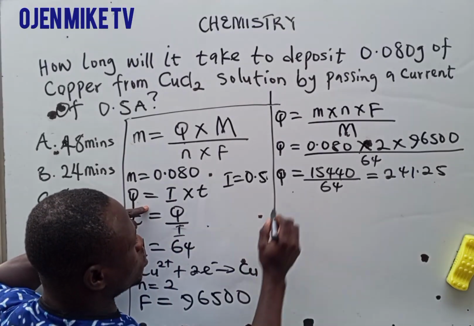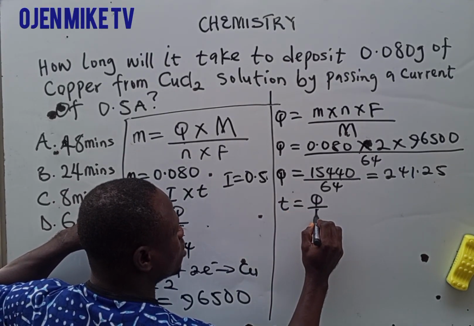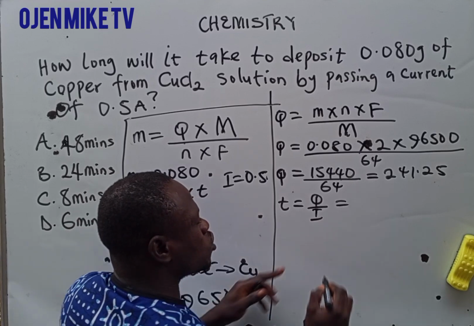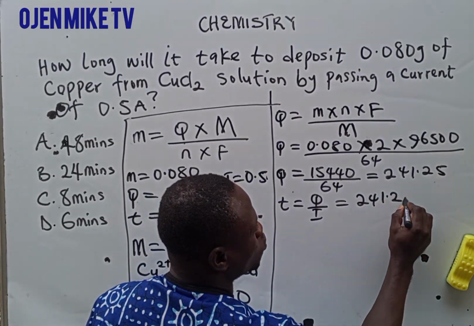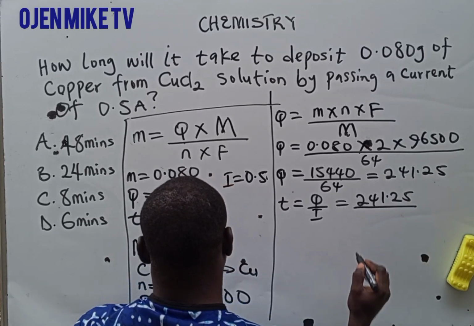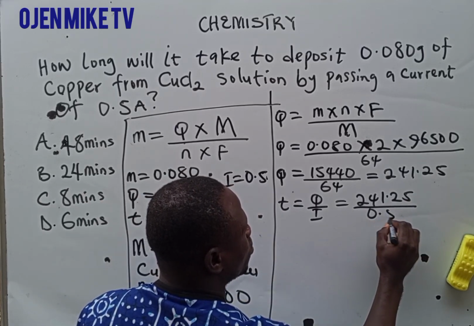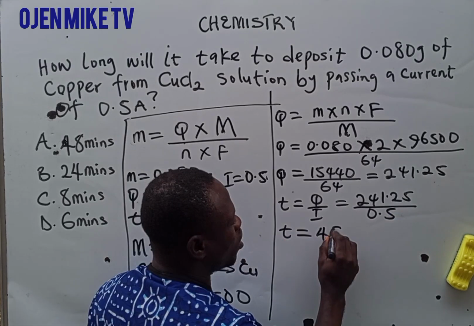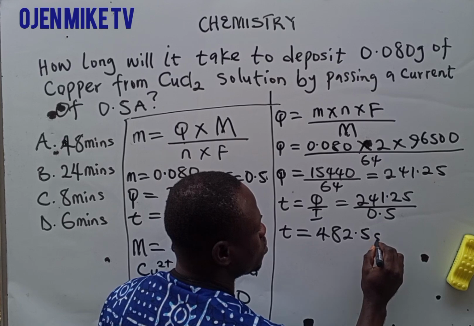Now substituting into this formula, time is equal to Q divided by current. Q is 241.25 divided by the current, 0.5. Time now is 482.5 seconds.